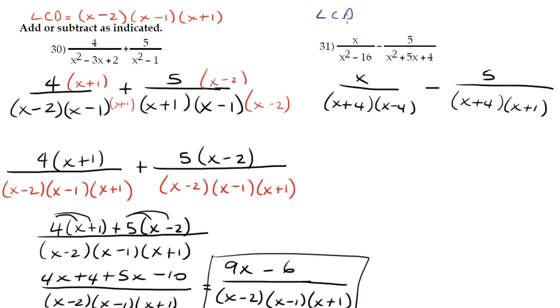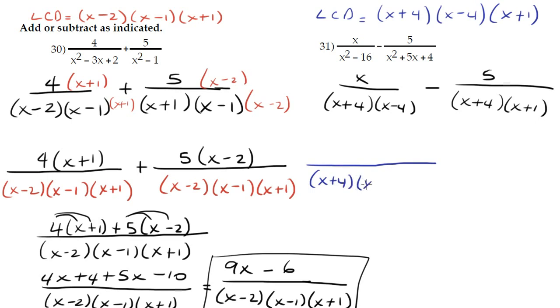My LCD here has to have x plus 4. Has to have x minus 4. Has x plus 4 already. Doesn't have x plus 1. So that's my LCD. That's my new denominator. X plus 4, x minus 4, x plus 1. And blue.